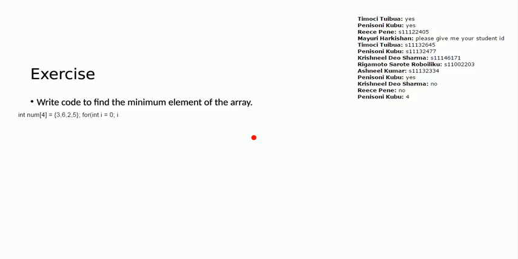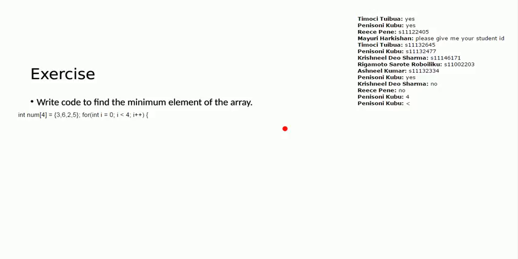What should it be? 4. Penisoni says 4, right? It should be 4. But should it be less than or equal to? Just less than, correct. Thank you. And then we have I plus plus. And what will we write here?